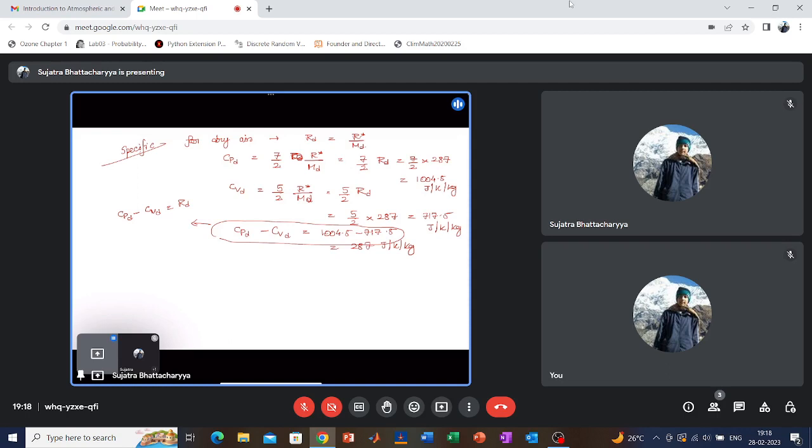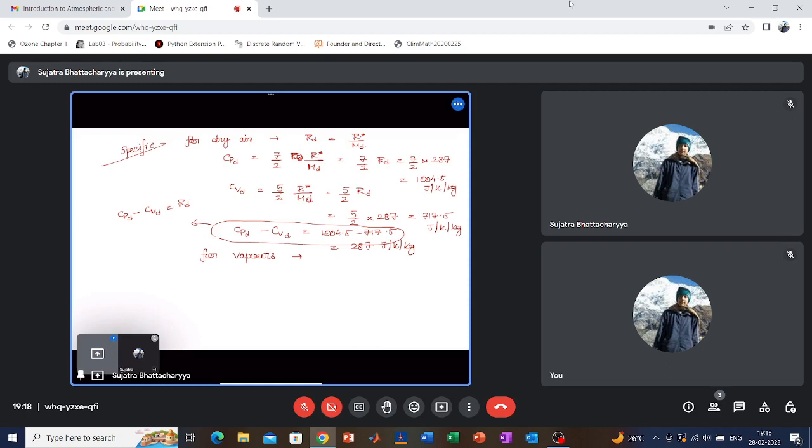Similarly for vapors, let us calculate. For moist air it will be somewhat different, you will get some terms of mixing ratios, and I am not going into those details because that is not covered.